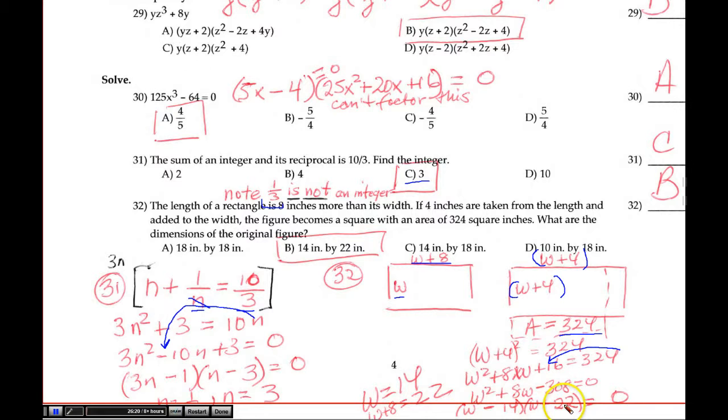We factor that, and we get W equals 14, W equals a negative 22. Well, we reject that one. But our W then is 14. And 14 plus 8 is 22. And that's what we have.